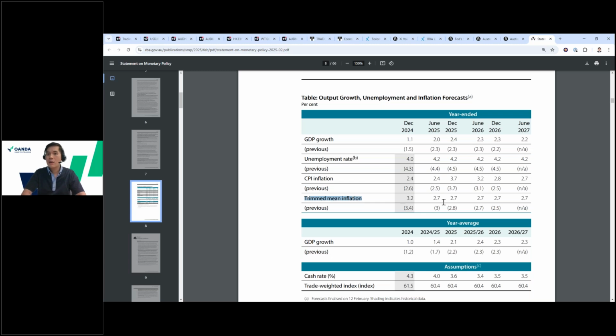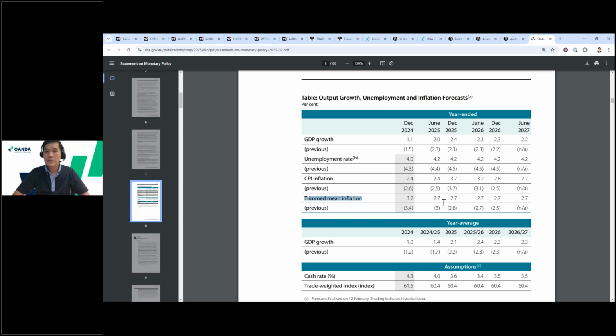So later I'll touch on the FX cross rate of Aussie versus Kiwi from a technical standpoint. So yes, these are the key data and movements that impact the FX market.